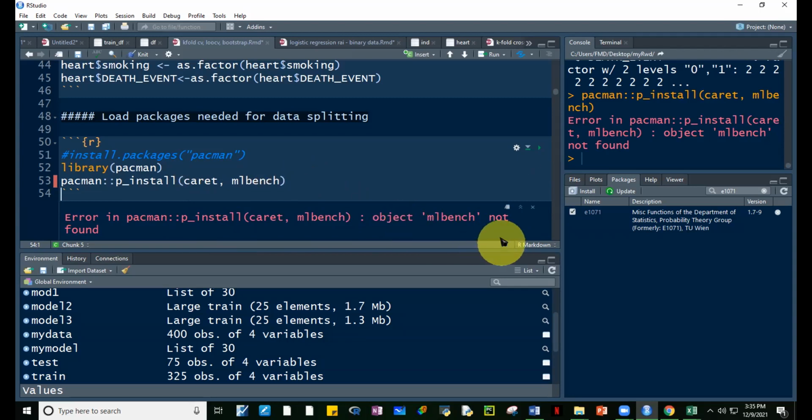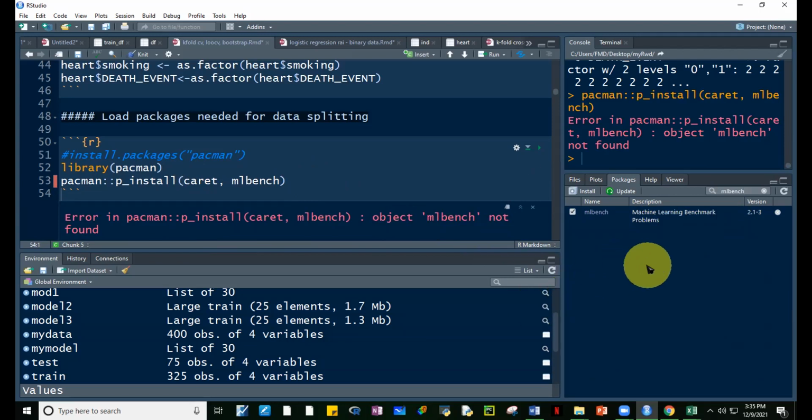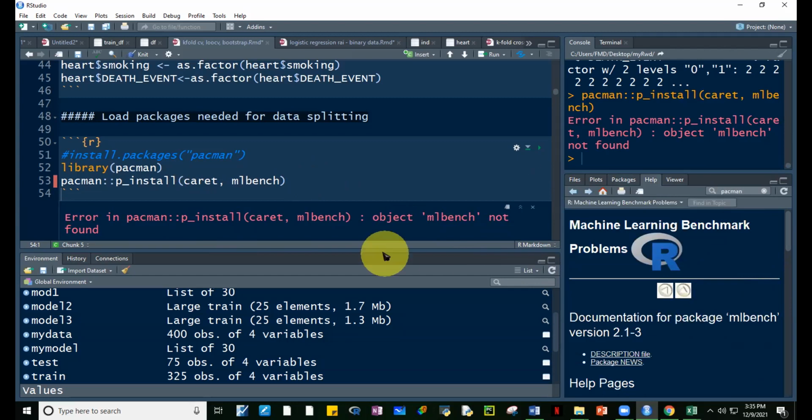Bakit p_install not found? ML Bench. Okay, ML Bench is here. Install. Okay, sandali guys.